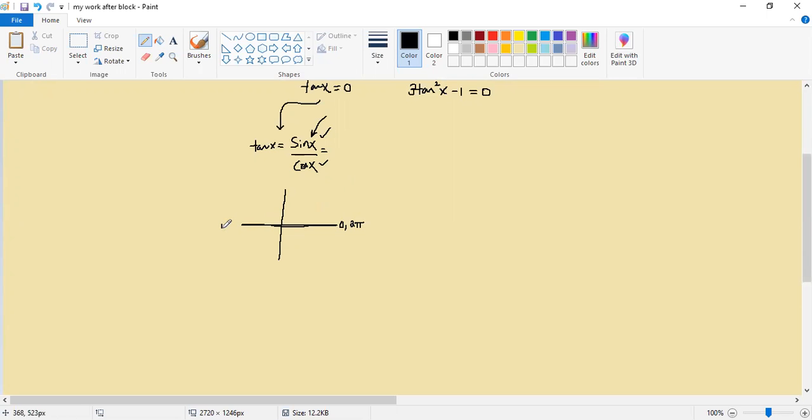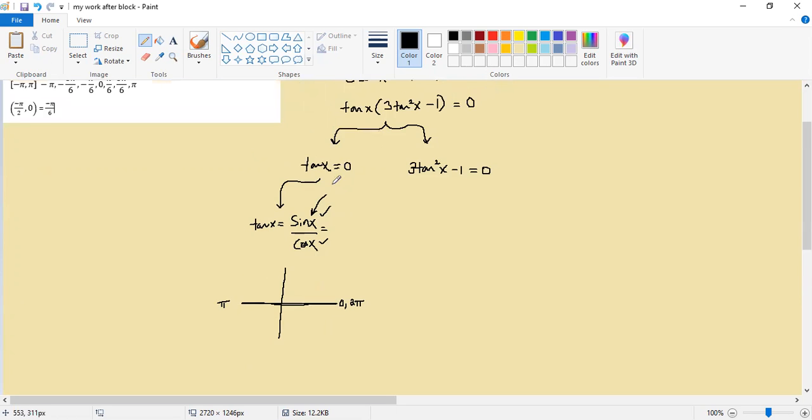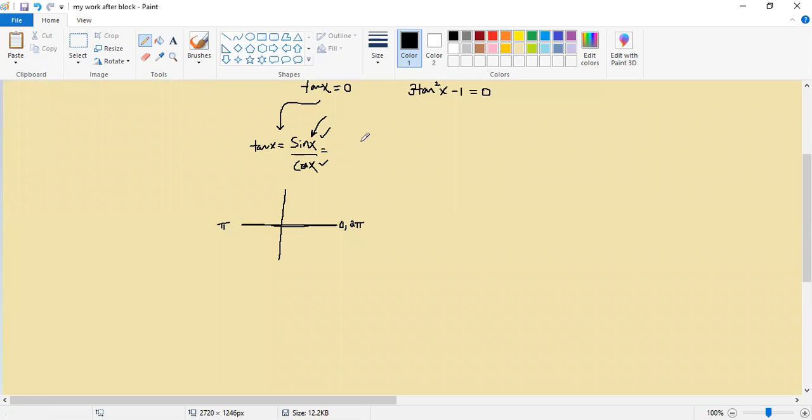And further over, pi would also be a point where sine of x would be 0. So the solutions for this case, where tangent of x is equal to 0, where sine of x is equal to 0, occur at 0, pi, and 2 pi. So these are our solutions for this one factor.